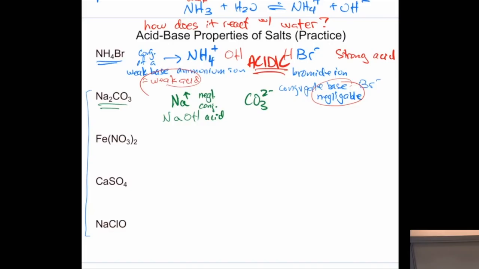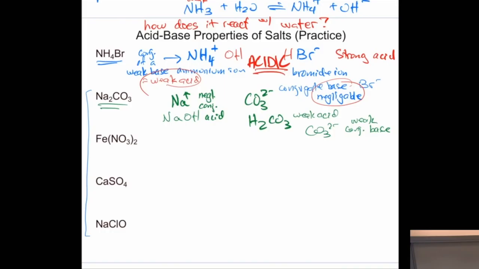What does that give you? H2CO3, carbonic acid. Is carbonic acid a strong acid or a weak acid? It's a weak acid. That means that the carbonate is going to be a weak conjugate base.